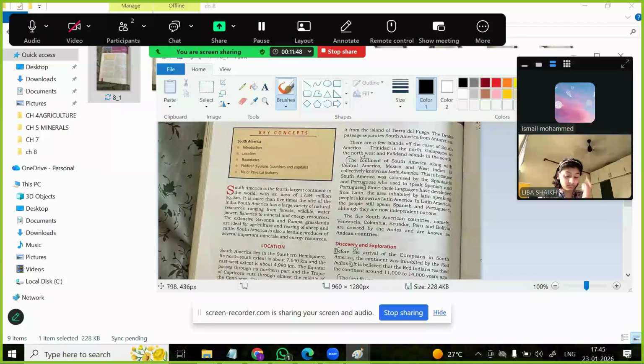Since these two are the languages spoken by most of the countries in South America, it is also called Latin America. Since these languages developed from Latin, the area inhabited by Latin-speaking people came to be known as Latin America. So Latin is the one from where these languages came. For example, in India we have different languages: Telugu, Tamil, Kannada, Malayalam.